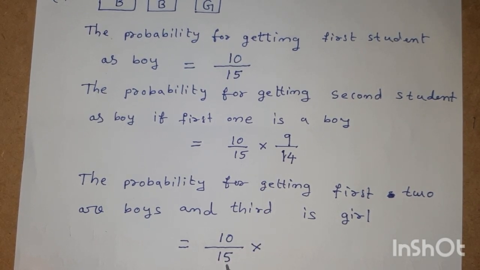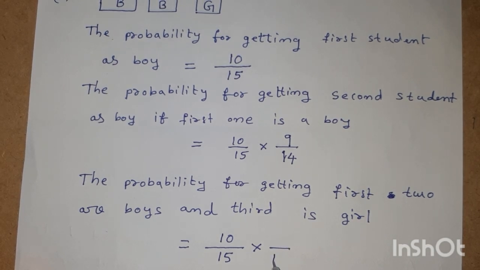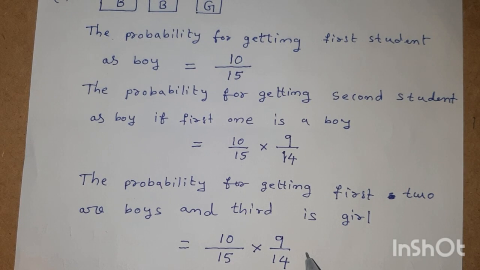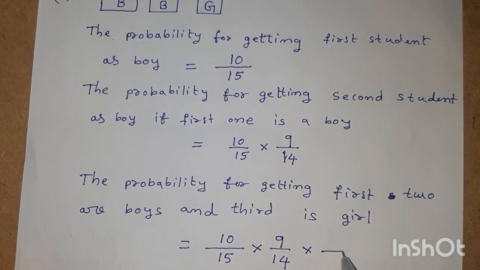Since we have chosen one student, there are 14 remaining students. Already we have chosen a boy, therefore there are 9 remaining boys. Into, 2 students are already selected, therefore there are 13 remaining students.